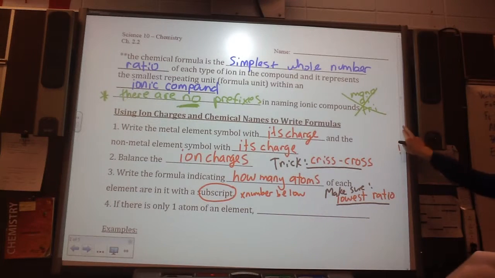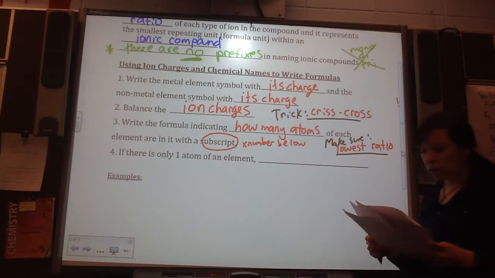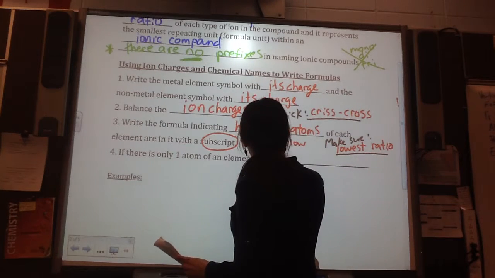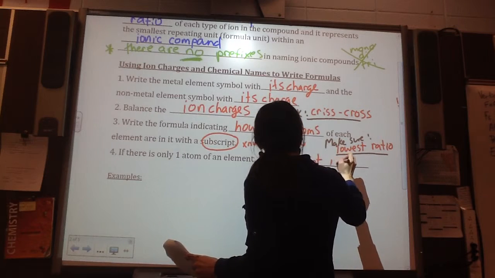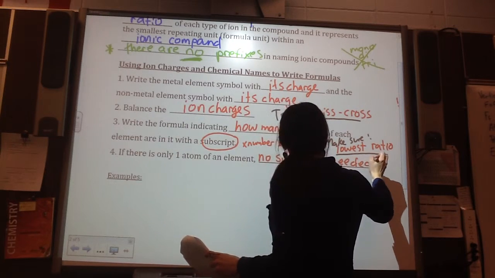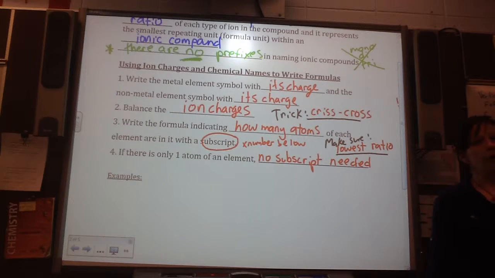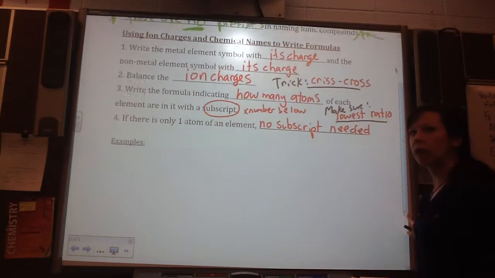I'll show you what I mean by that too. If there is only one atom of an element, no subscript needed. So like with sodium chloride, you don't write Na1 and Cl1. You just leave it. Assume it's one. Okay, so now we do lots of examples.